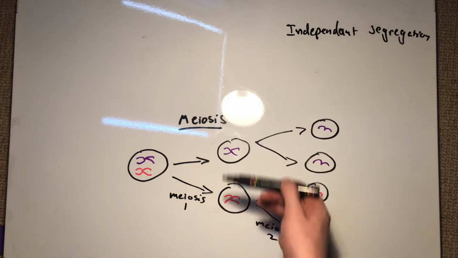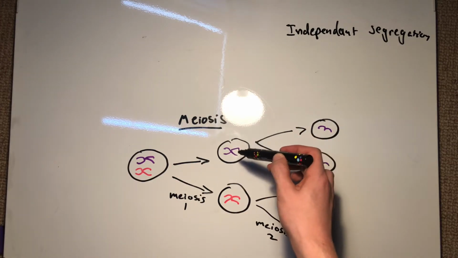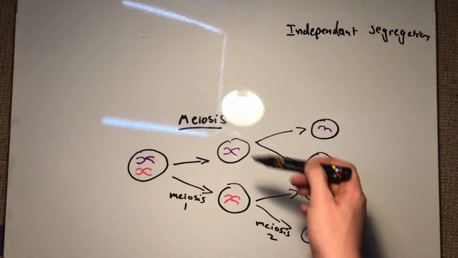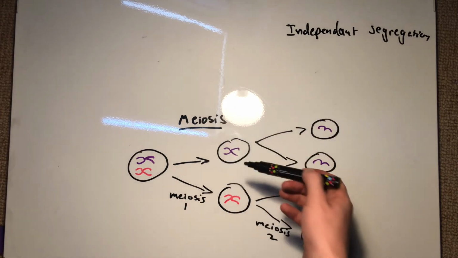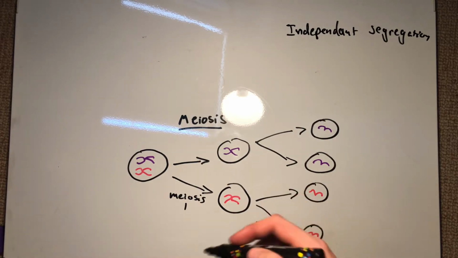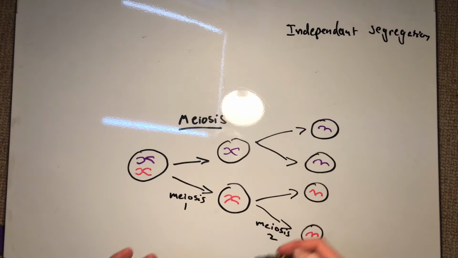So the cells don't just contain all the mother's chromosomes or all the father's chromosomes. They can have a random mixture, and it's called independent because each chromosome is separate. They can get randomly assorted into each cell, and there's no set order of which ones have to go with which.